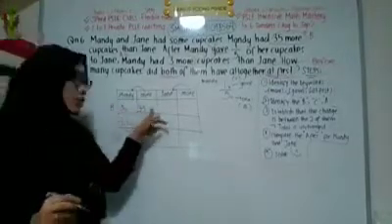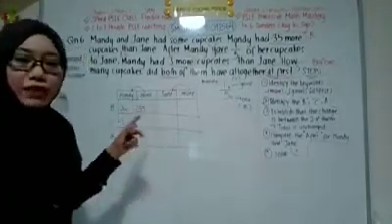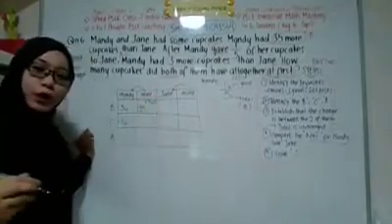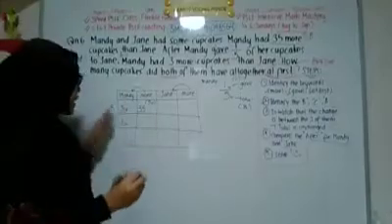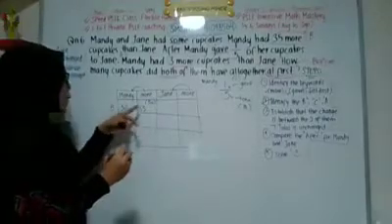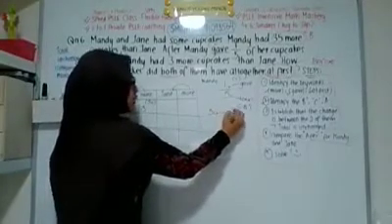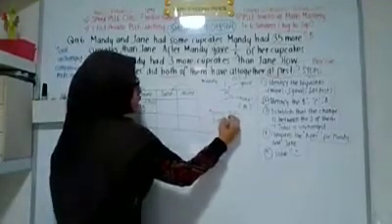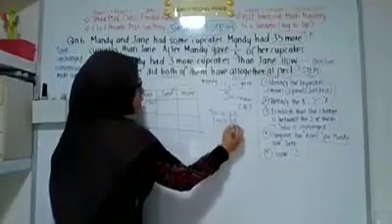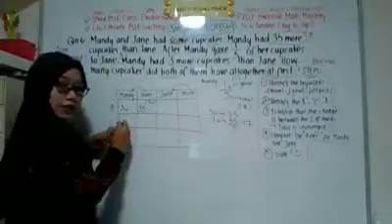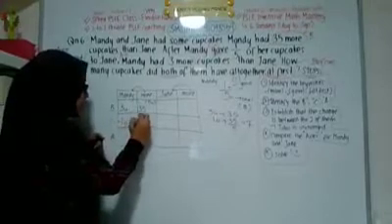Then before, Mandy has more. This 35 cupcakes is also represented by 5 units. So in this case, we can find out how much is 1 unit. 5 units is 35. 1 unit is 35 over 5 equals 7. Which means this 1 unit that's given away is 7, minus 7.